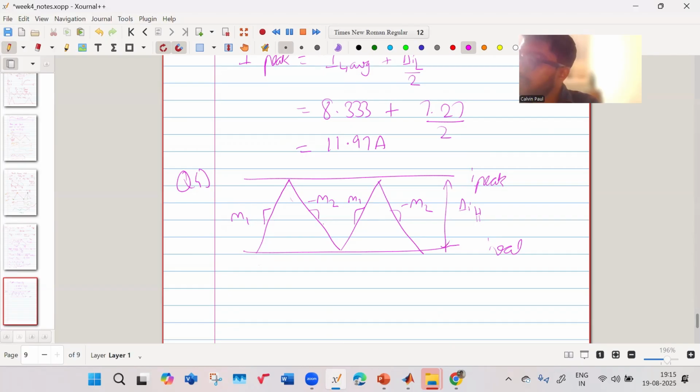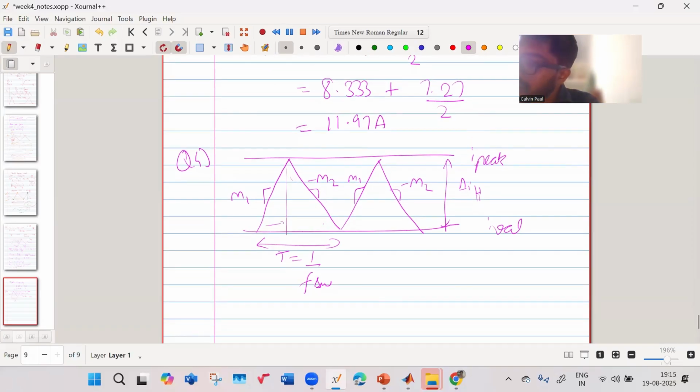So now you have to find what is your time period, what is your switching frequency. How will you get that? Delta IH by M1 plus delta IH by M2 will give us the total time period. So T on is delta IH by M1, and T off is delta IH by M2.